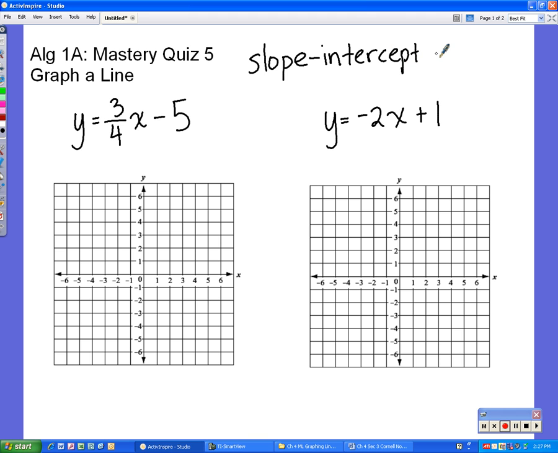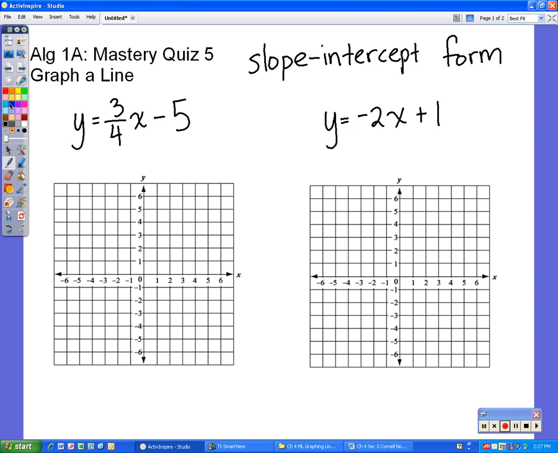All that means is that you can easily see what the slope is and what the y-intercept is in this form. And the way you can tell that it is slope-intercept form is because you have a y equals, and everything else in the equation is on the other side of the equals sign.